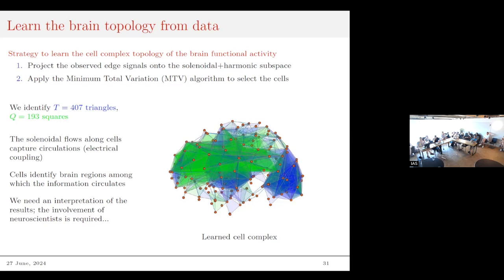Maybe there is an electrical coupling between these signals, and we need, of course, an interpretation of the result from neuroscientists.